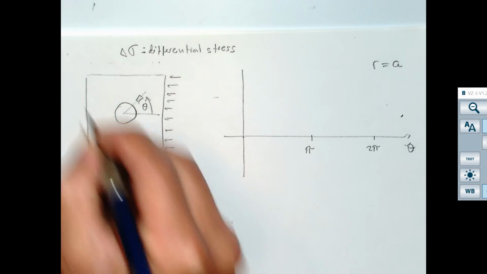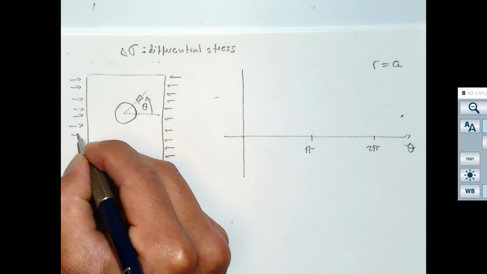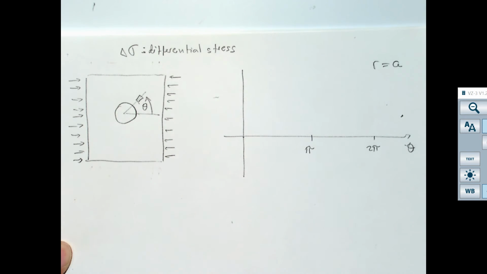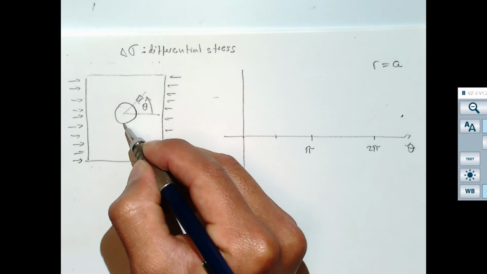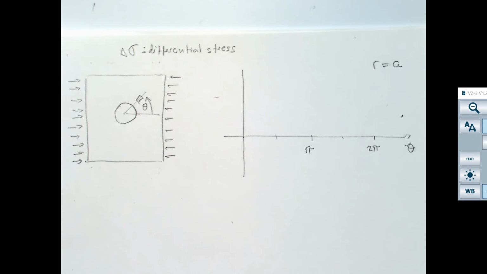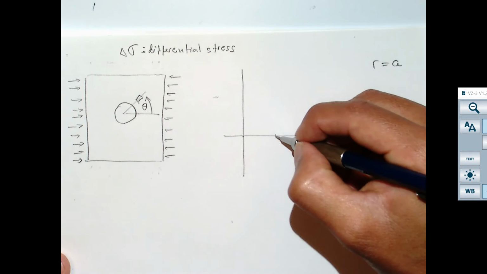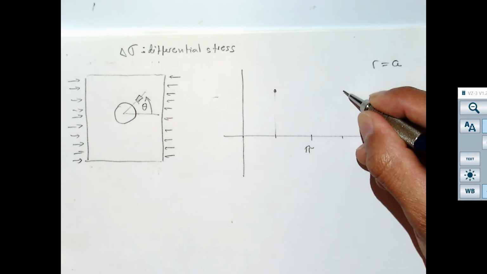So what you just said now is the same as saying that at theta equal to 90 or at theta equal to 270, we're going to have a compression. And that compression is going to be a value over here, and also is going to be a value over here.